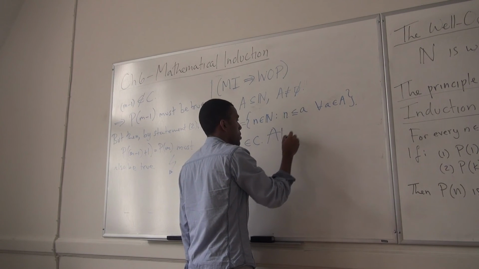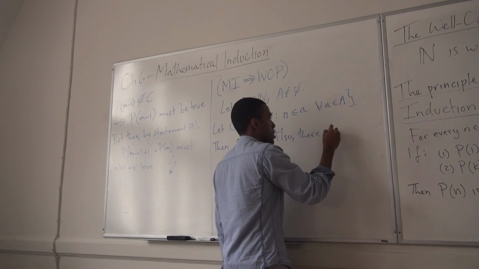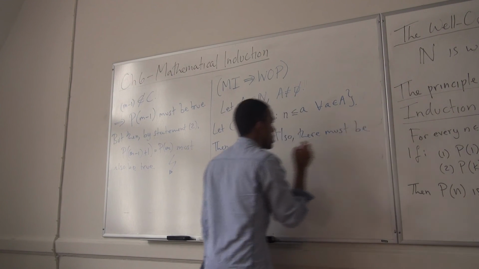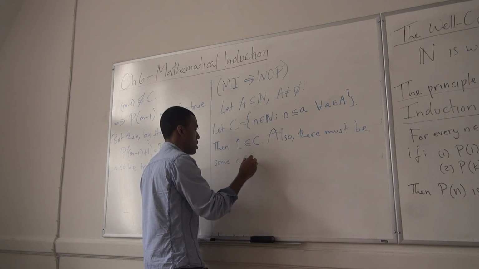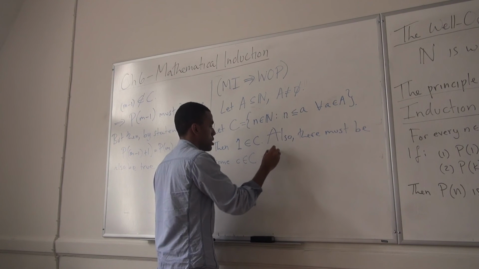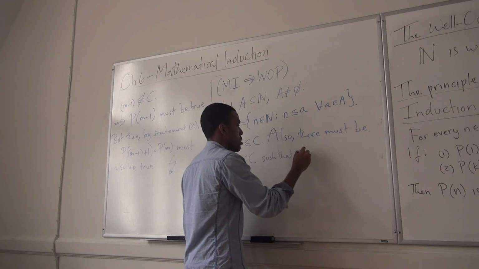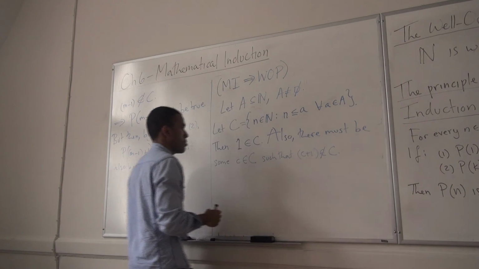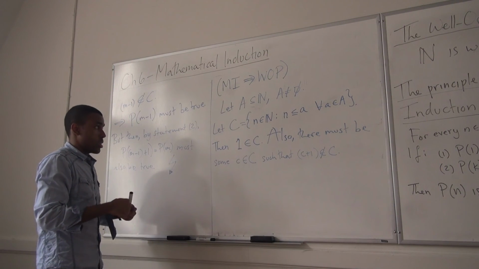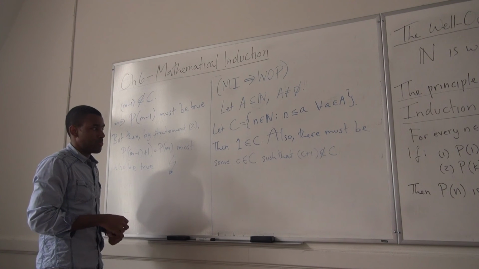Also, there must be some c in C such that c plus 1 is not in C. And why would that be a problem?